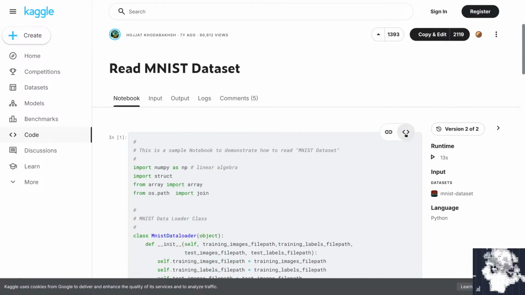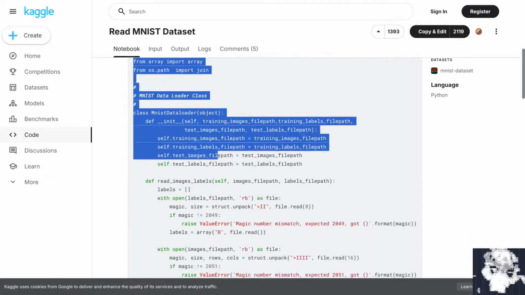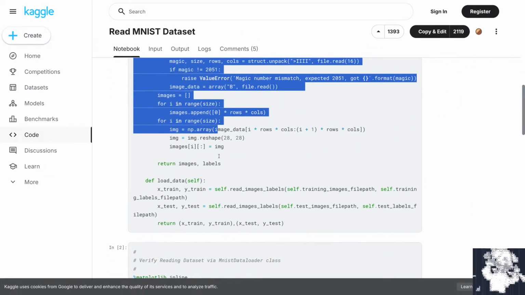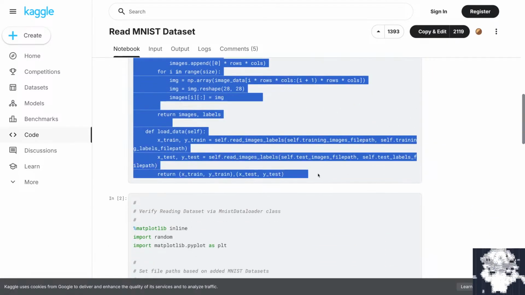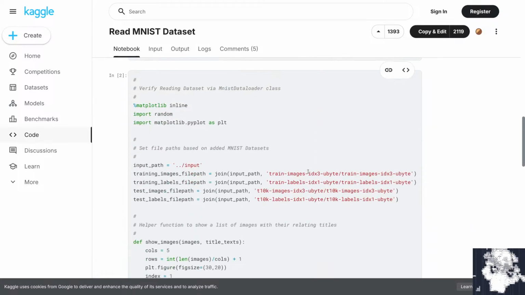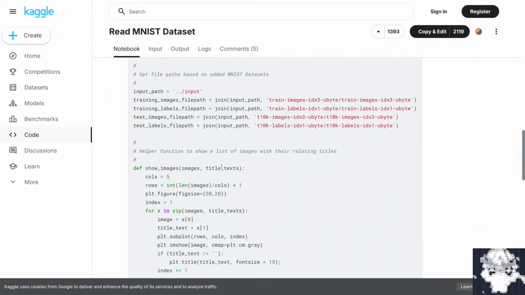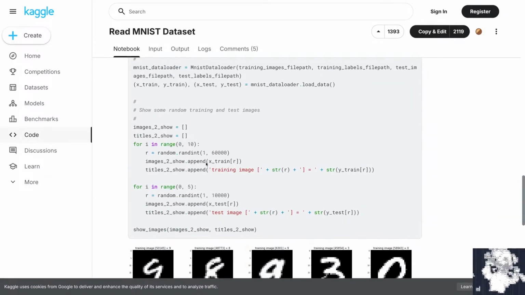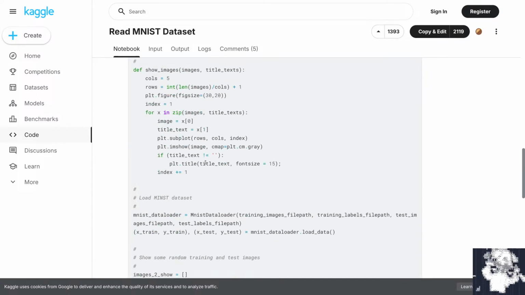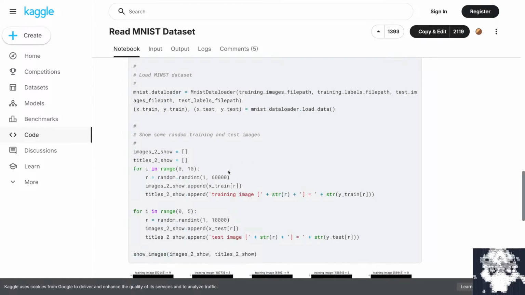Okay, so I guess, am I just supposed to copy this whole thing? It's split into cells, which is annoying, because I'm not going to be running this in a Jupyter notebook.